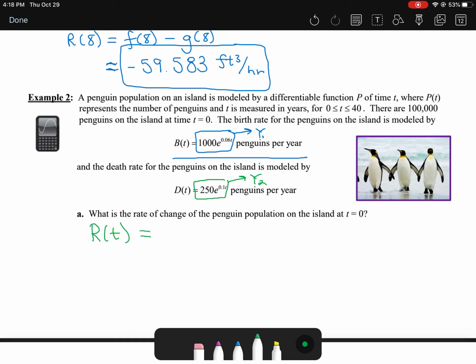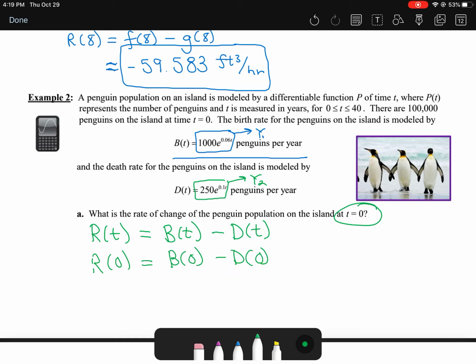So you can use R of t again. That's fine. So my rate in, that's going to be birth. My rate out is the death of the penguins. And I want to know, what is it at 0? So I'm doing R of 0 equals B of 0 minus D of 0.